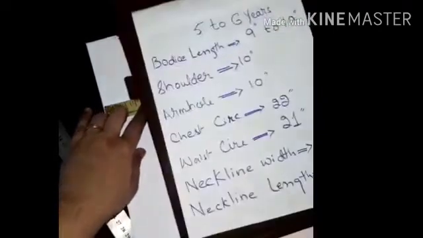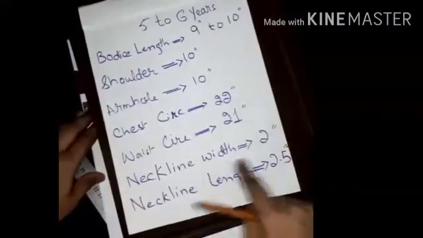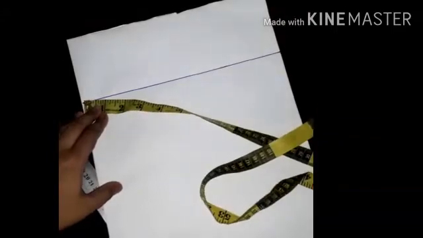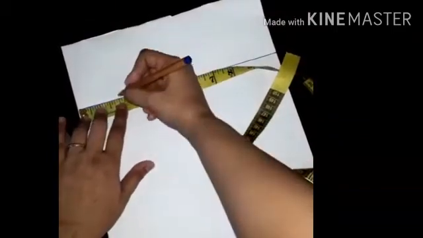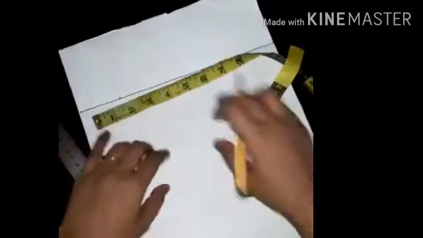My neckline circumference was 10, so I divide 10 by 4. I got 2.5, but I will take 2. Please don't increase inches in the neckline for seam allowance, as you will stitch the neckline half or 1 inch would be increased automatically. From the neckline end point, I am taking 4 inches for shoulder slope.